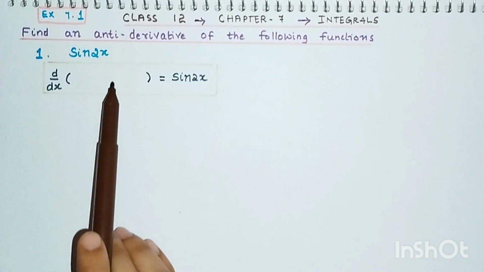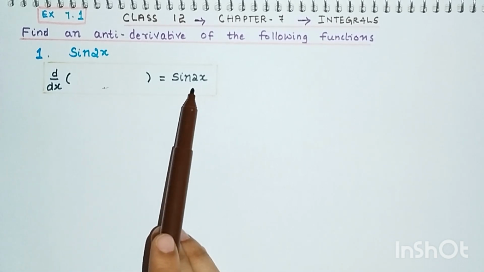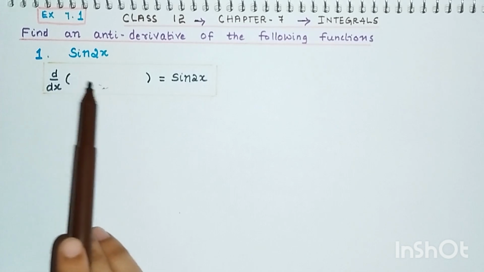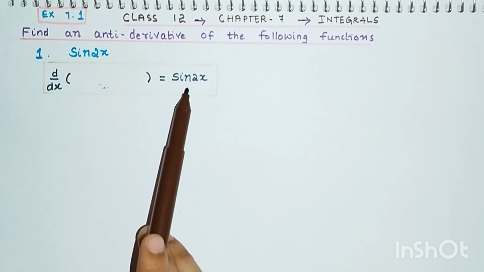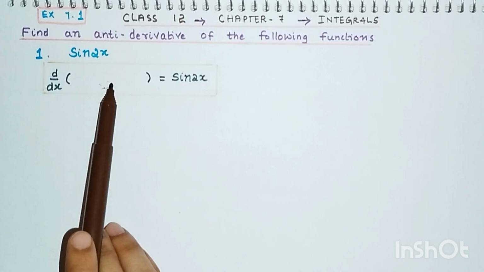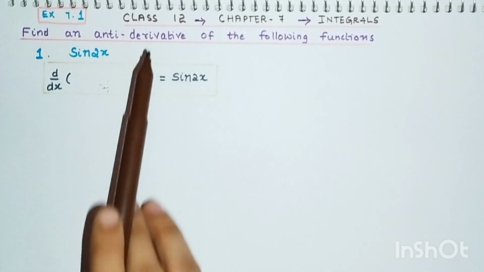It is that function which, if you differentiate it, you will get sine 2x. So this is what we have to find now. We have to find this antiderivative or integral, which when we differentiate, we will get sine 2x. That is what they have asked.